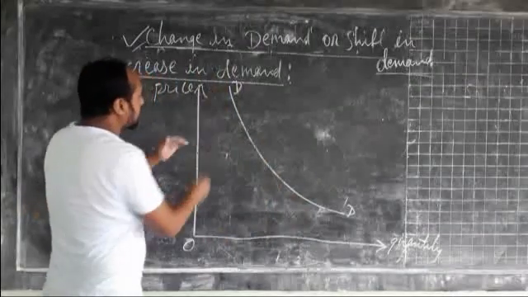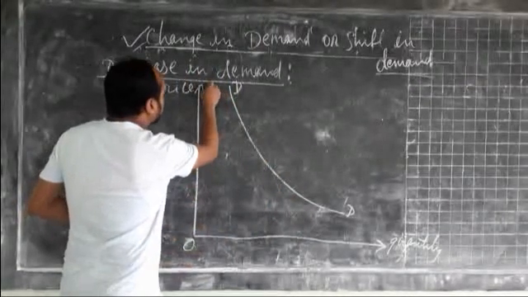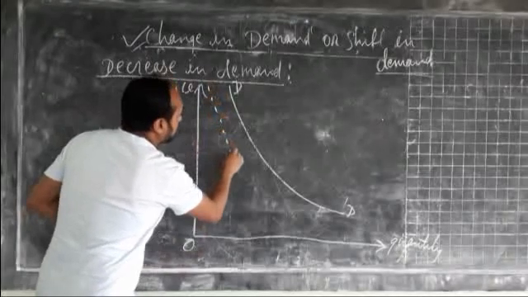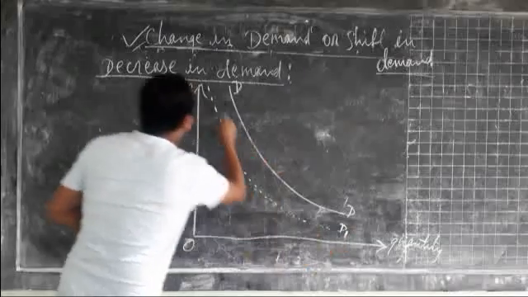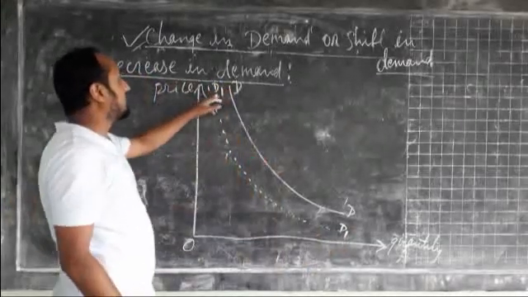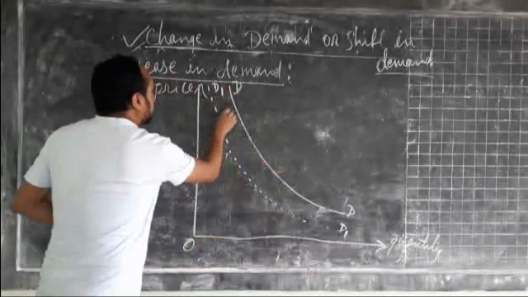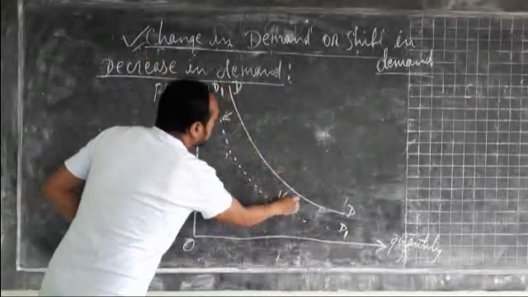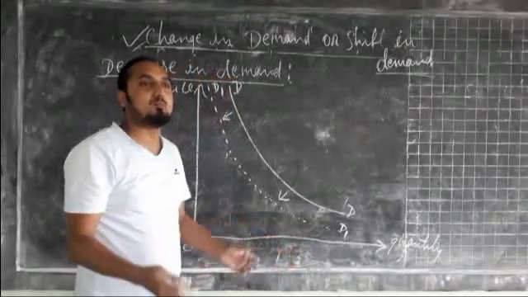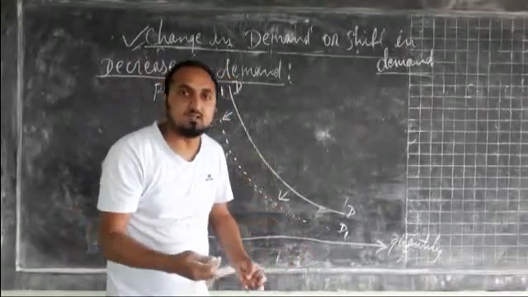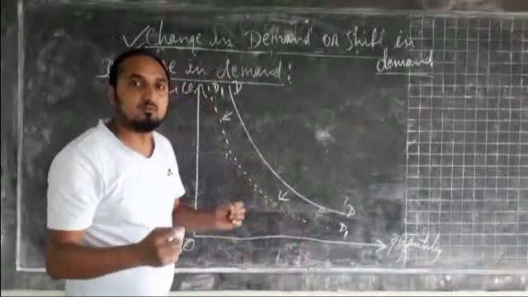So that leftward shift in demand curve I am going to represent with the help of this dotted line. D1 is the new demand curve, and this new demand curve is taking place due to decrease in either your income or taste and preference, or even if government reduces the credit facility, then the consumers won't be able to buy more quantity of commodity.